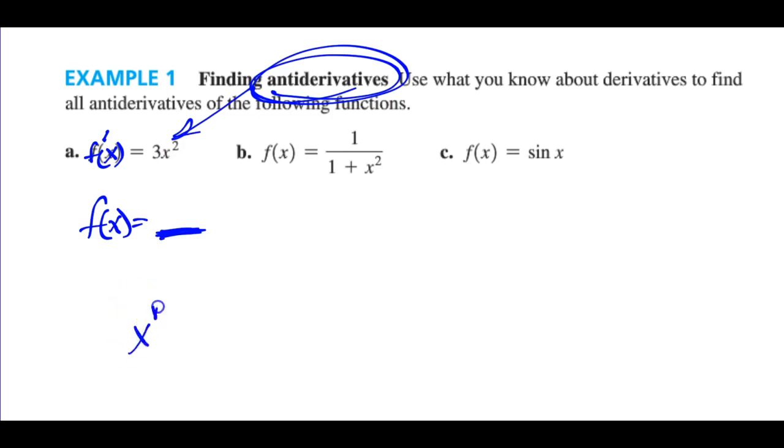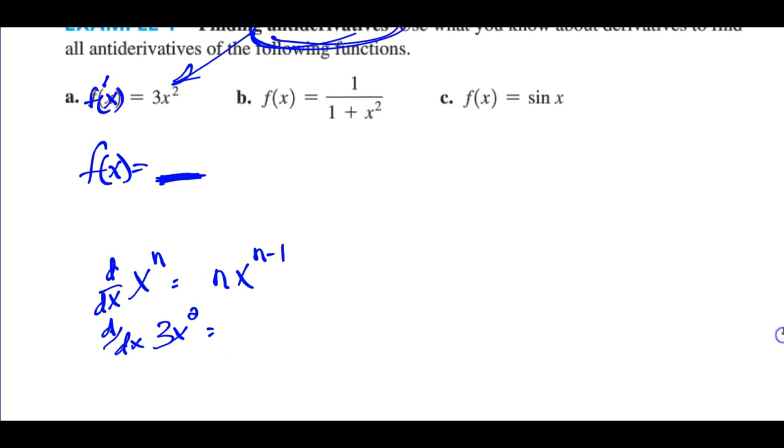If I have x to the n and I take the derivative, then as I go, n dumps out front: n x to the n minus 1. For example, the derivative of 3x squared would be 3 times the 2, x to the 2 minus 1. Well, you would just say 6x.